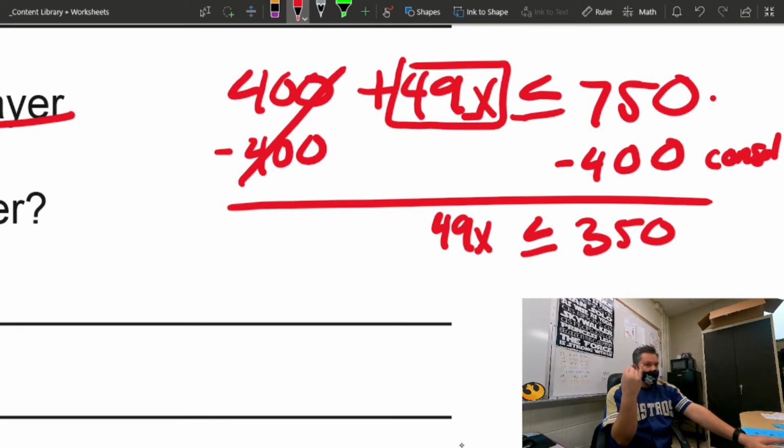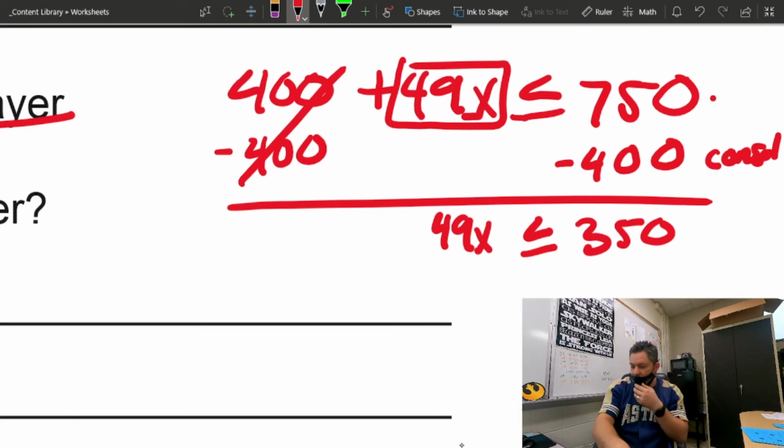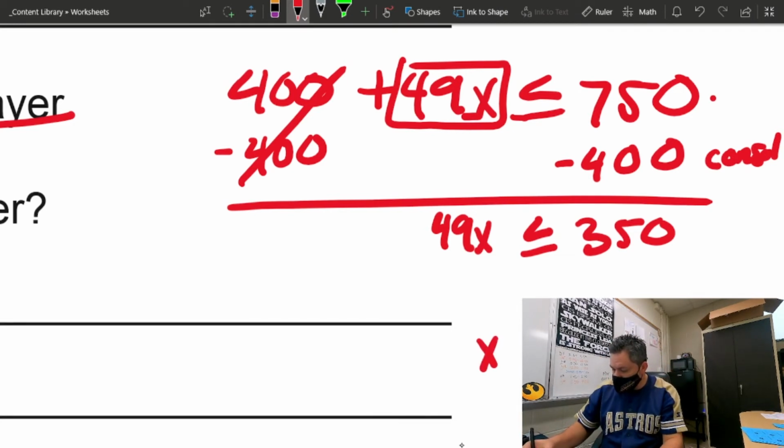One game, two games, 3 games, 4 games, 5 games, 6 games, and 7 games. 350, that's the money I have, right? $350 for games. How many games is that? 7.